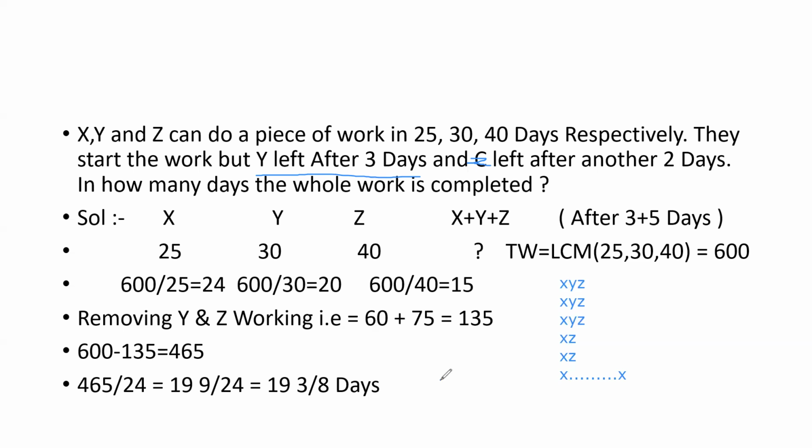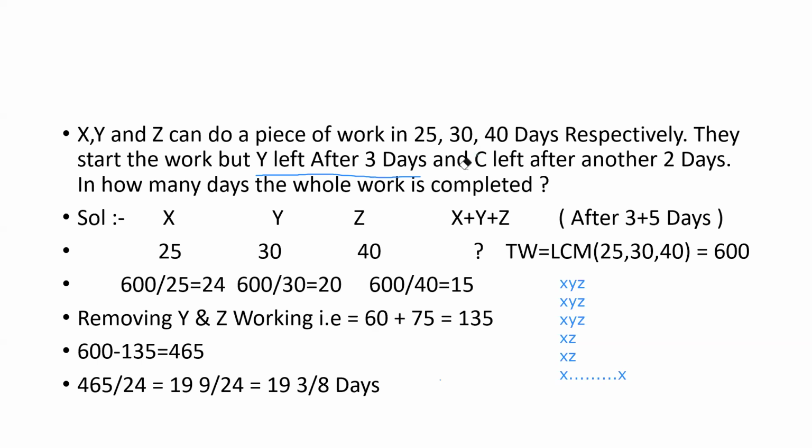If three persons' individual work is given and they start work and then leave, the Y person leaves after 3 days, and the Z person works another 2 days and then leaves.